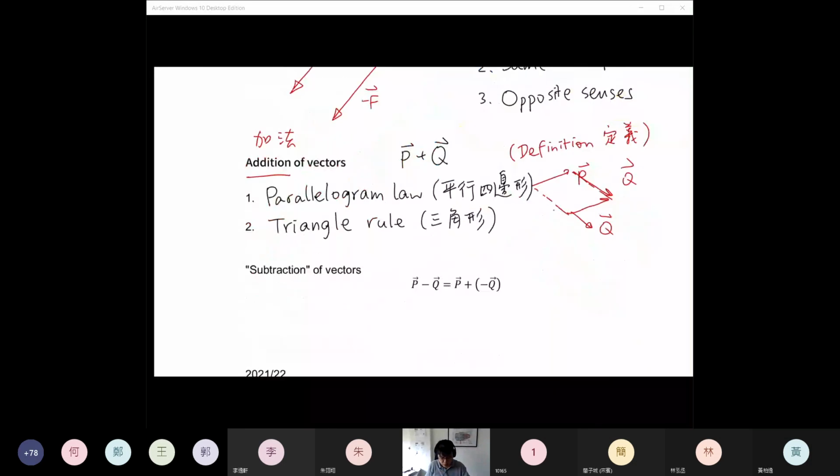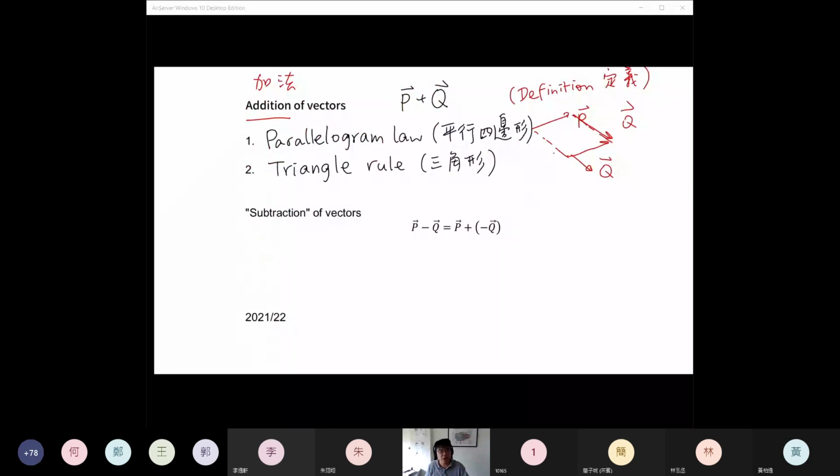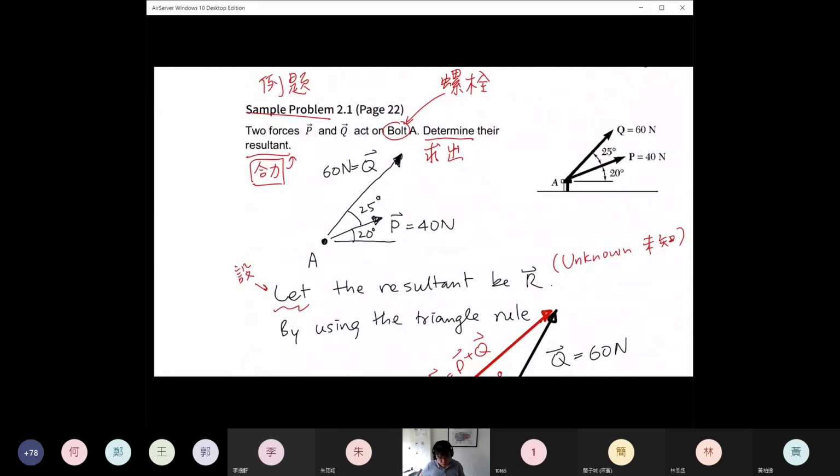And we talked about addition of vectors. Some of you have told me that we can use a parallelogram or triangles to add vectors. And we did an example here.